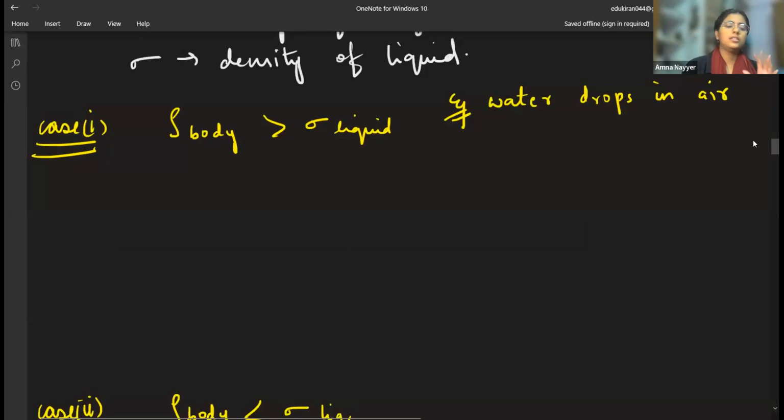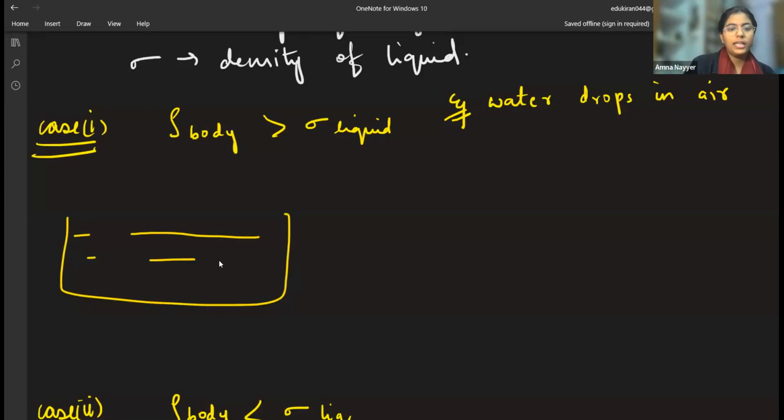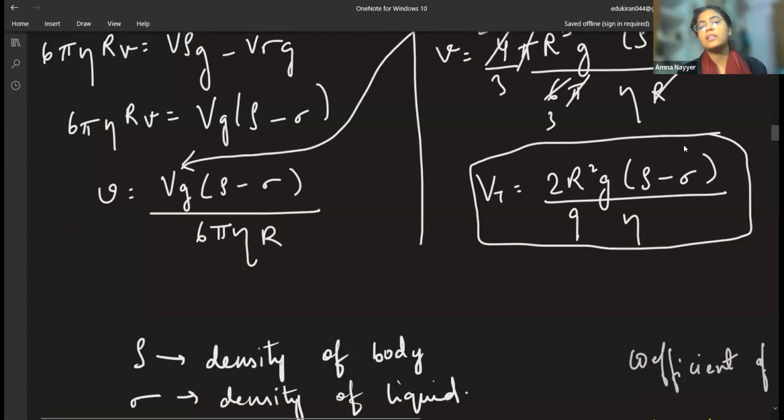Before we start with this, you have to understand that if the density of the body is greater than density of the liquid, suppose a body is coming down and the density of this body is greater. In this formula, what was the formula of terminal velocity? 2r square g (rho minus sigma) divided by 9 eta.